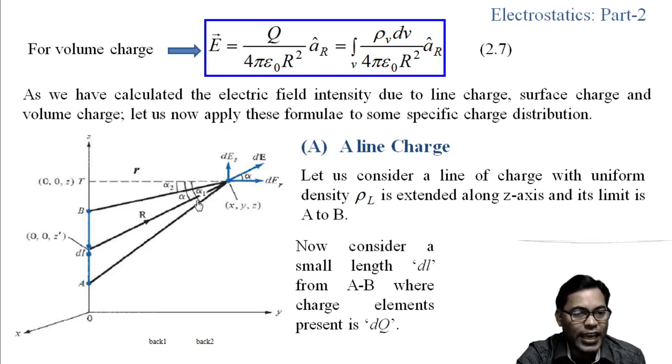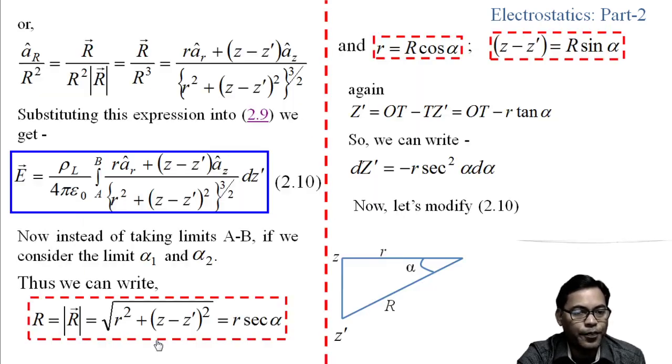So this angle is alpha 1, which replaces a, and alpha 2 replaces b. Again we know that this capital R equals mod of R, that is root over of r square plus z minus z prime square. That can be written as r sec alpha.